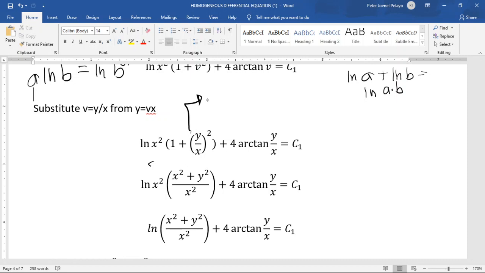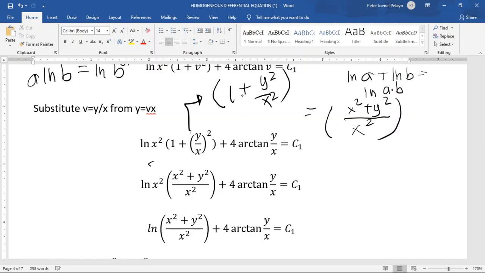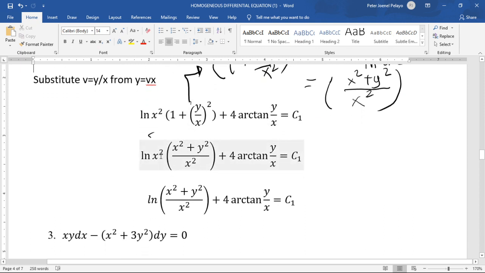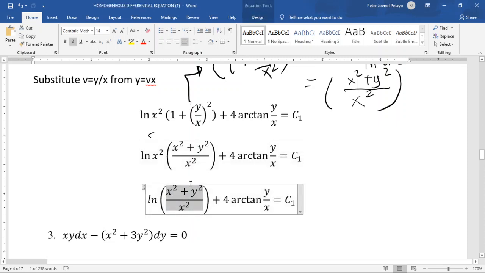So the quantity 1 plus y squared over x squared, tama, equal yan sa common factor of x squared, least common denominator, so magiging x squared plus y squared over x squared. Nangyari, magka-cancel si x squared.